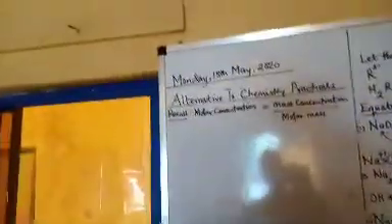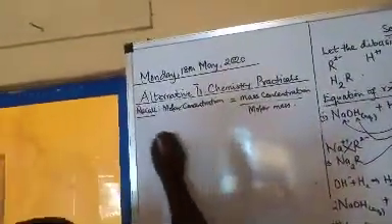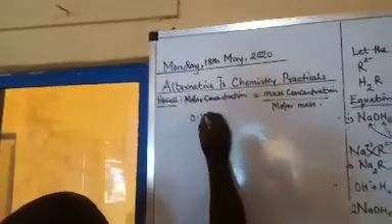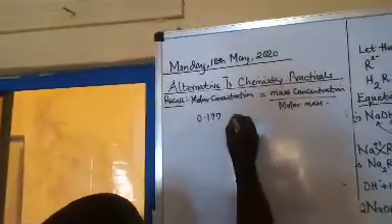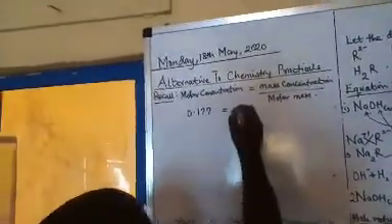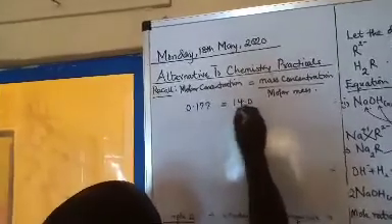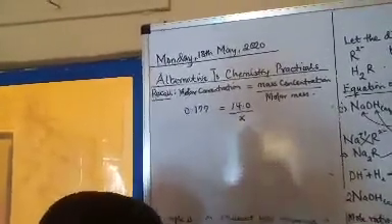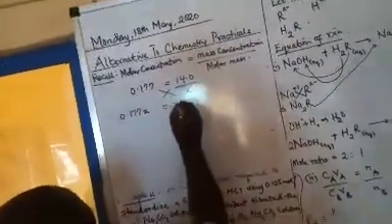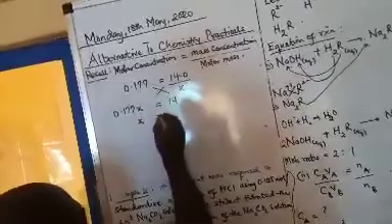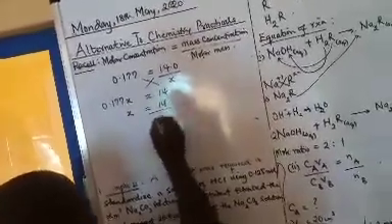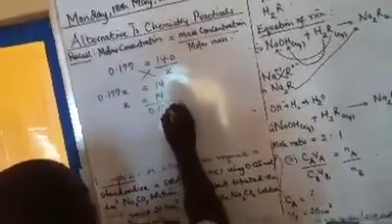So molar concentration here, you just slot them in. 0.177 is equal to mass concentration, which is given to us by 14.0, over molar mass, which is x. We don't know what our molar mass is, so let's cross multiply. 0.177x is equal to 14. So your x here will give you 14 divided by 0.177.